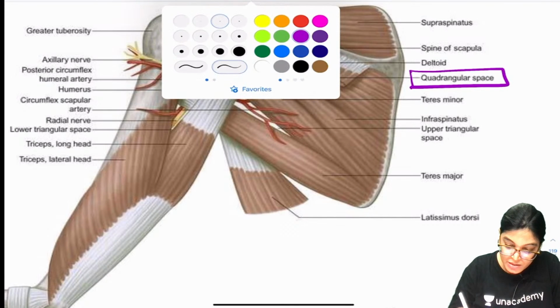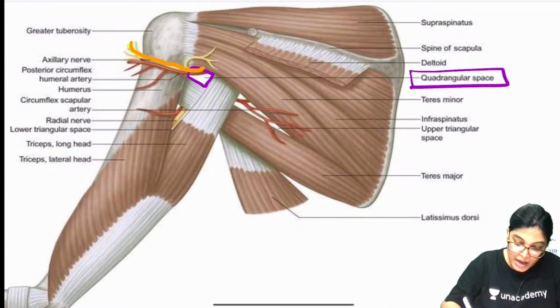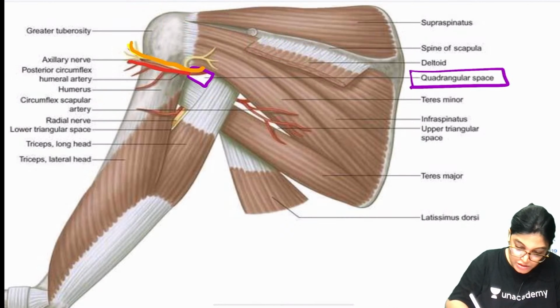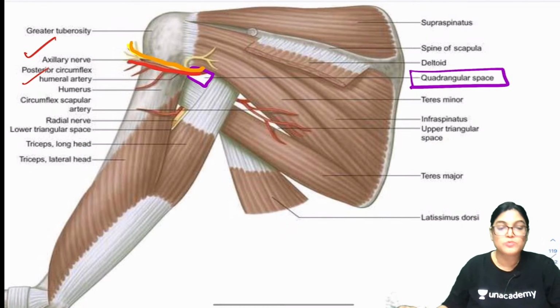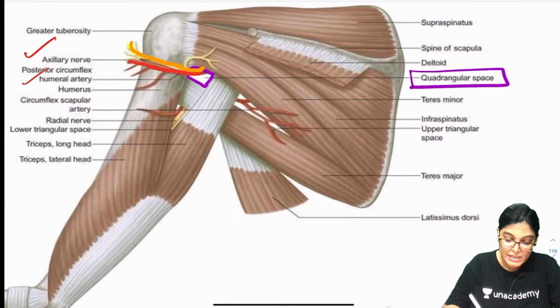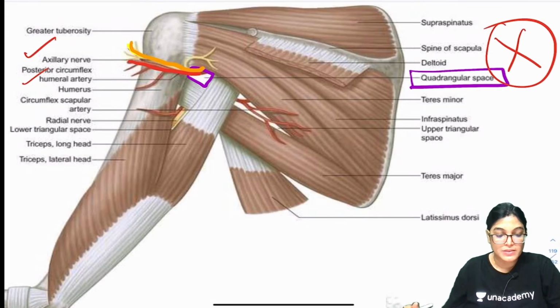Here, this is the nerve and this is the artery. So two structures are traversing through this quadrangular space, and this is the reason that this can't be the correct answer. So the axillary nerve is not the correct answer.